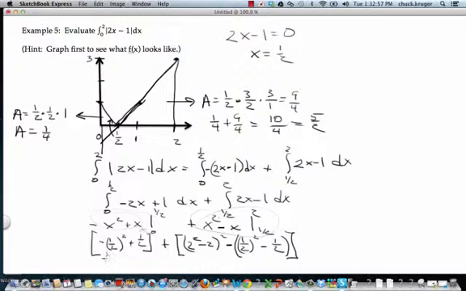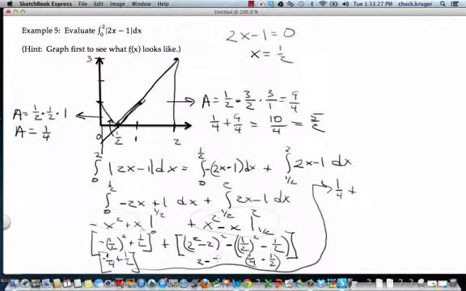So right here I have a negative 1/4 plus 1/2. And like I said, I'd be subtracting 0, so it's going to end up being 1/4 plus, now I'm going to integrate this, 2 squared is 4 minus 2 is 2, minus, now right here I'm going to have 1/4 minus 1/2, that's going to give me a negative 1/4.